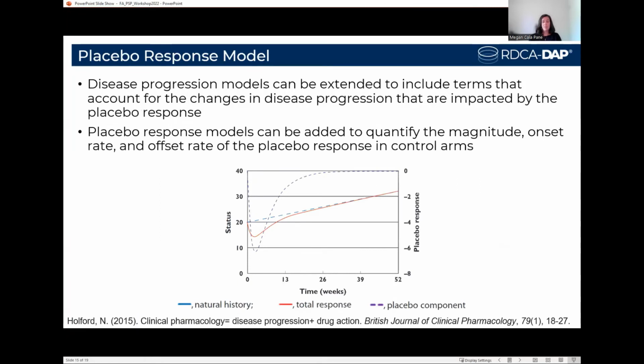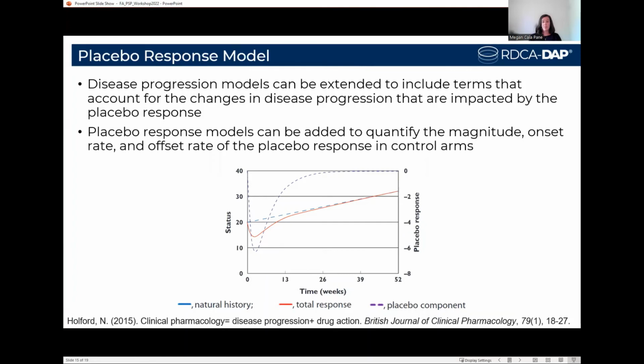And then a placebo response model can be added to quantify the magnitude, onset, and offset rate of the placebo response. And this is relevant for control subjects in a clinical trial. So what this typically looks like is something similar to the red curve in this figure, where you can see the disease status temporarily decreases before returning to the natural history disease progression curve.